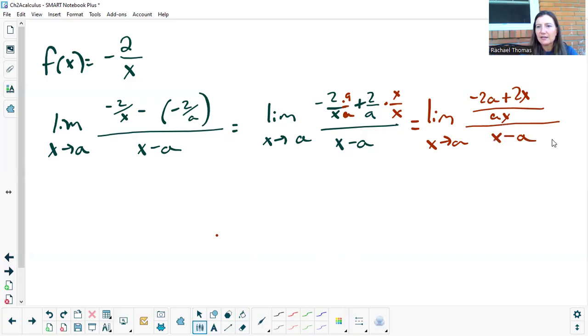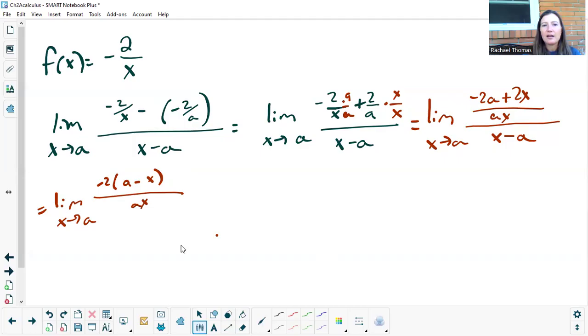And now you probably wouldn't think to do this next step unless you were a math teacher. I'm going to factor out a negative 2 from the numerator, so this gives me negative 2 times a minus x over ax. And while I'm at it, dividing by x minus a is like multiplying by 1 over x minus a.